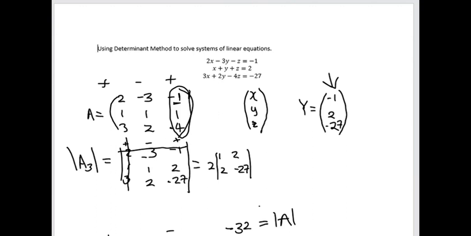Then for the next one, minus 3, minus 3, 1, 2, 3, negative 27.